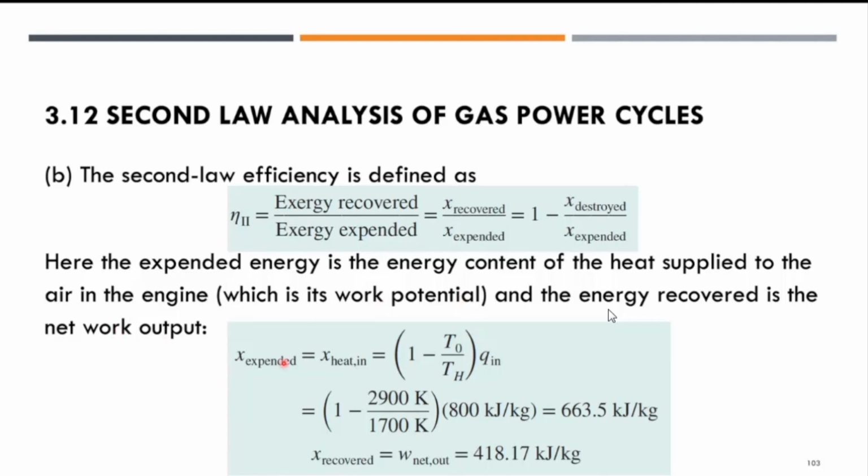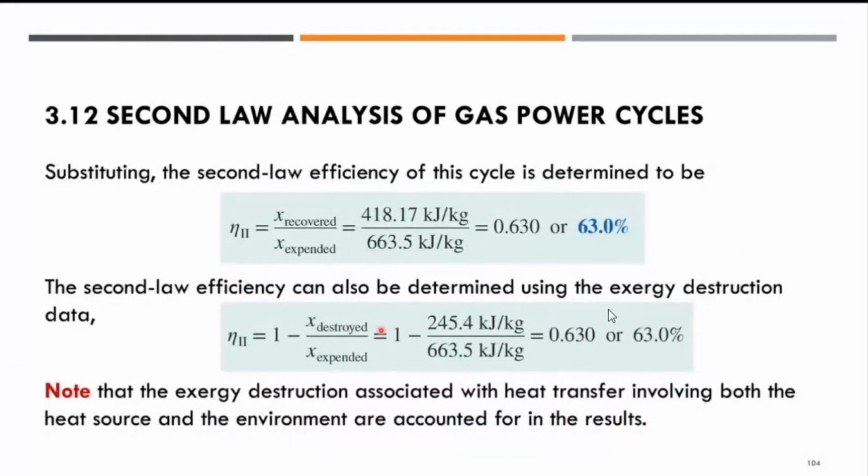When you put in the values, you get the exergy recovered, equal to the net work output, equal to 418.17 kilojoule per kilogram. Substituting, the second law efficiency of the cycle can be determined to be 63%.